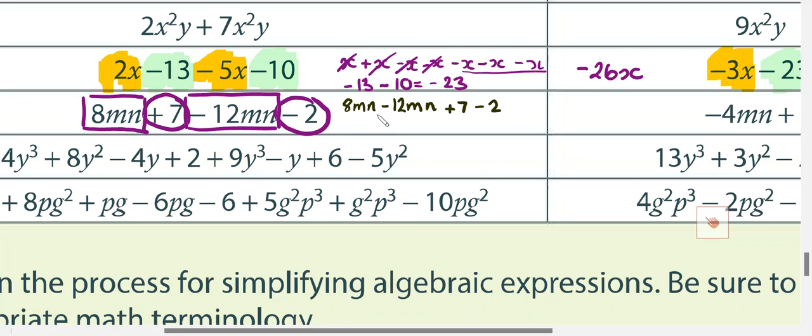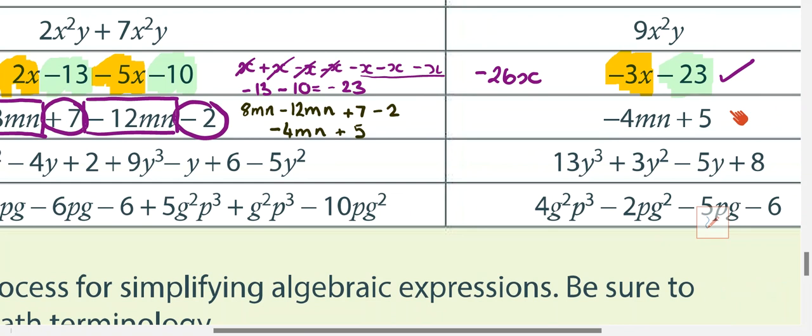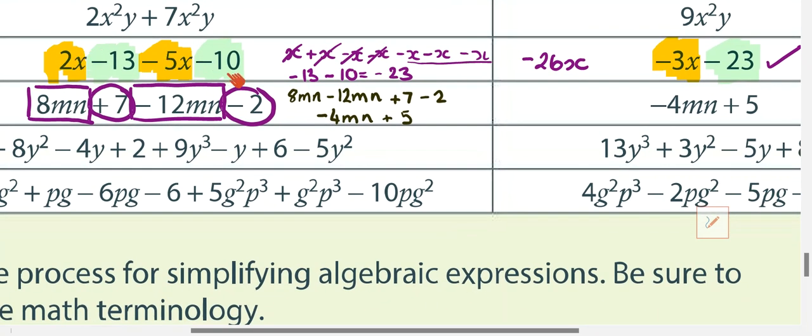So 8mn's minus 12mn's is minus 4mn's, positive 7 minus 2, positive 5. So if we look across, that's what we got, right? So do you see, I've highlighted the like terms using highlighters, up to you if you're a highlighter, or I've circled and boxed them.